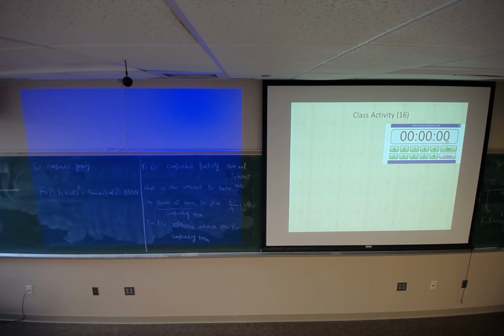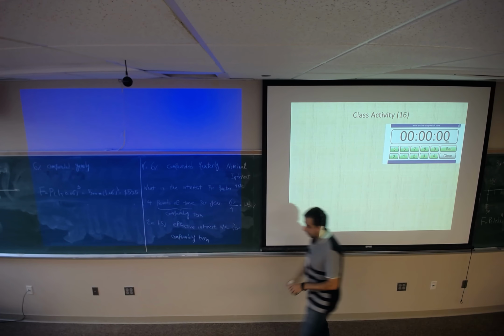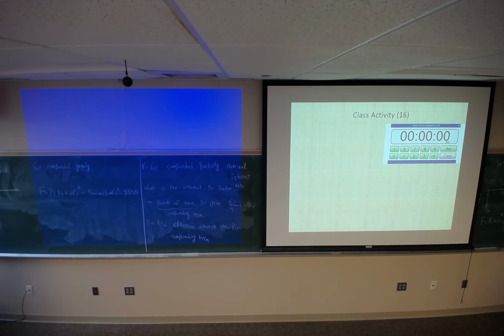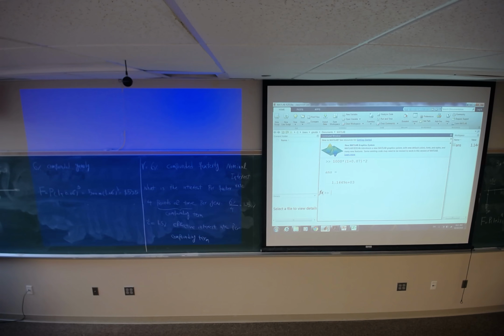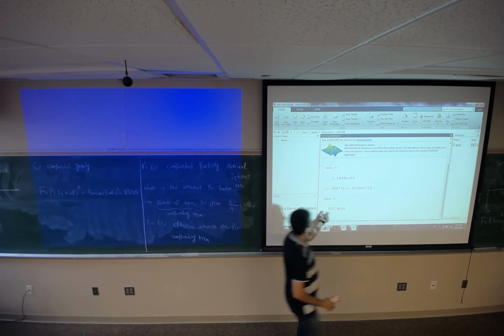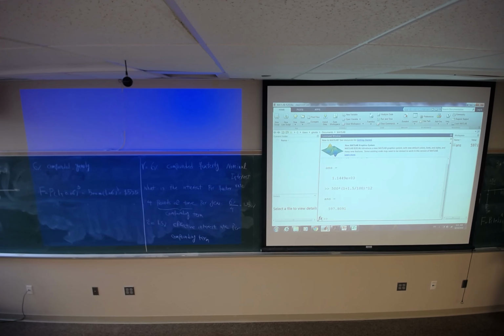So F is $500 times 1 plus 1.5 divided by 100 power 12. Almost 597.8, almost $598.